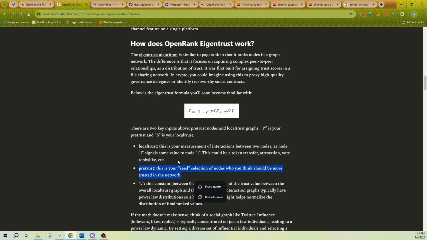If you were looking at all NFT trades and wanted to recommend NFTs to trade, you might choose a pre-trust that's specifically the largest holders or minters of Art Blocks NFTs, so that your output is all of the traders closer to the Art Blocks minter network.